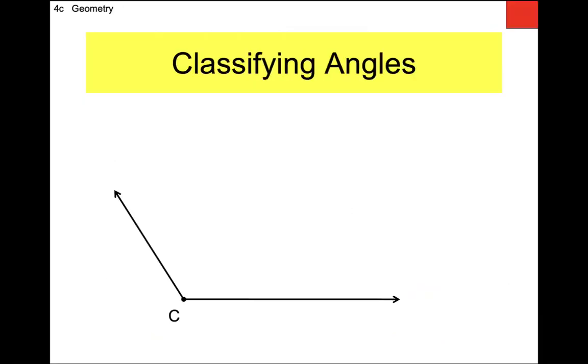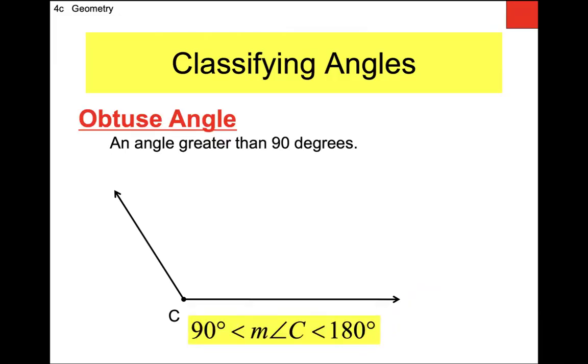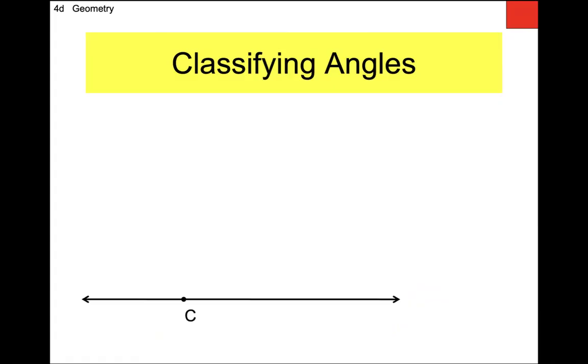All right, so classifying angles. If you're bigger than 90 but less than 180, you are obtuse. Notice that's a book definition right there. Me personally, I would like if they had said an angle greater than 90 but less than 180. And the last one, the one that everyone forgets, is if we have a straight line, we put a protractor on it, it measures 180 degrees exactly.